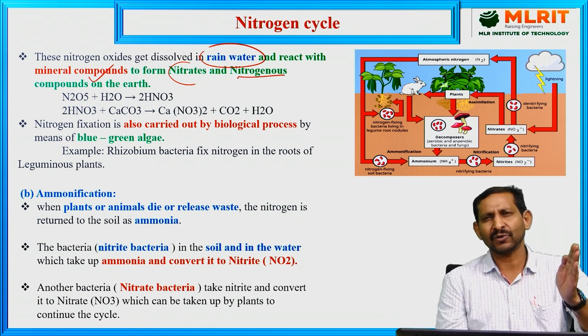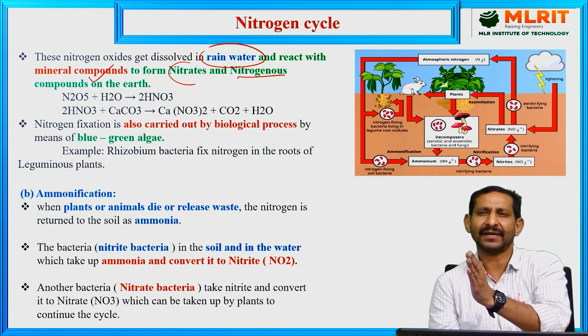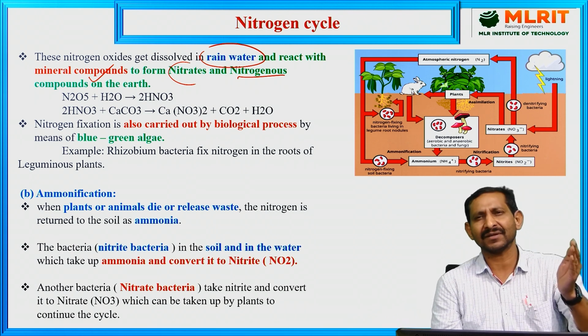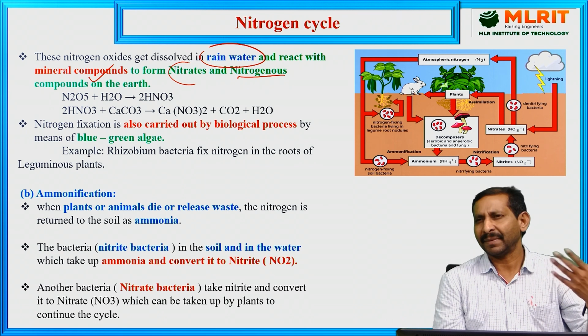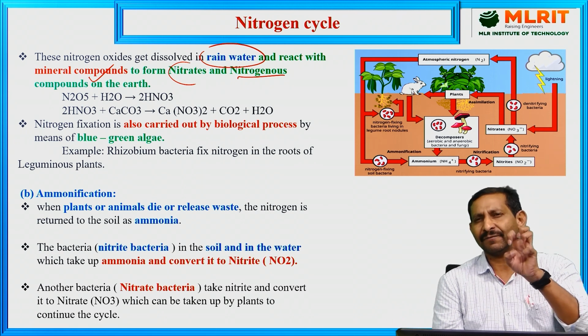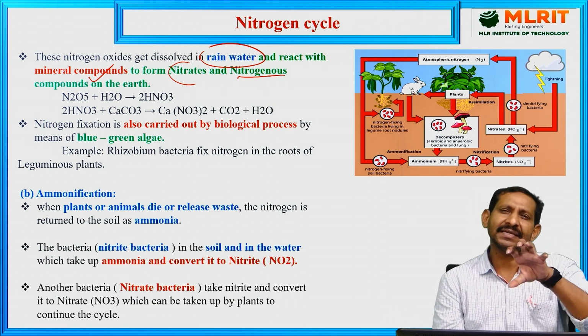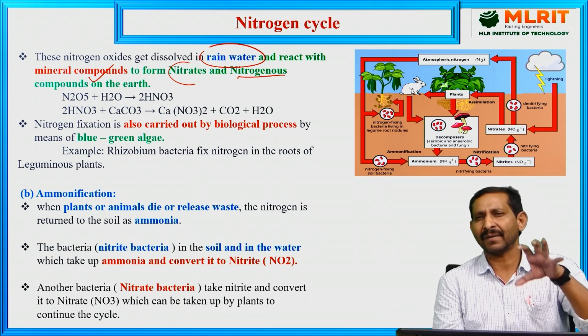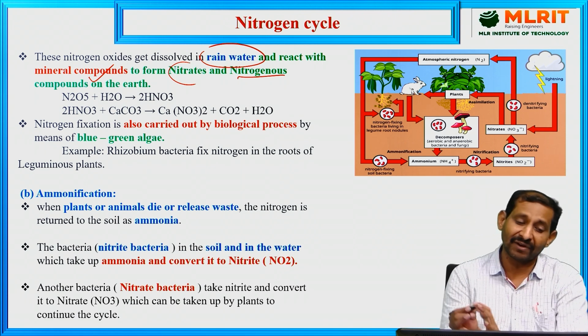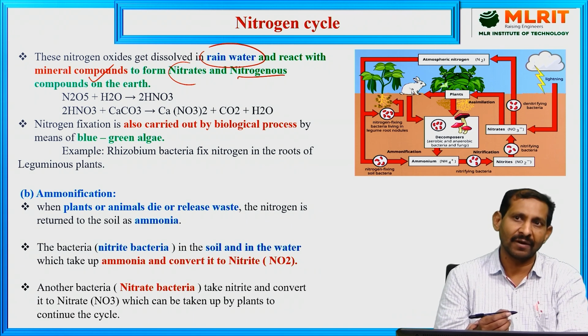So first nitrogen is converted to different nitrogen oxides by combining with oxygen in electrical lightning. Those nitrogen oxides are easily soluble in rainwater or humidity, forming different nitrogen compounds.